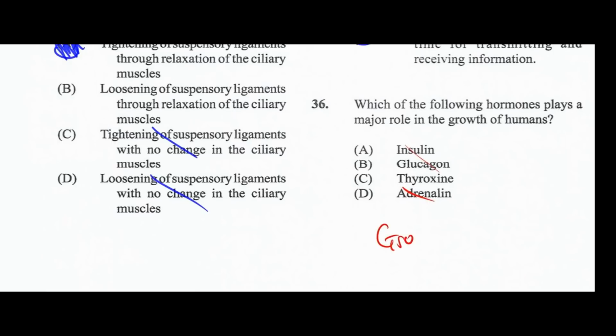As I said, growth hormone is the primary hormone for growth, but thyroxine is my next go-to answer because that's a thyroid hormone. Thyroid hormones play a role in metabolism and such. So yeah, thyroxine.